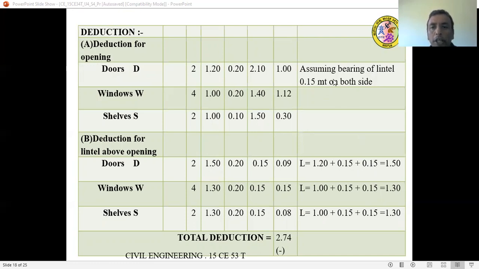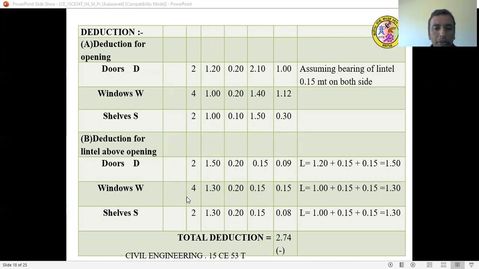Assuming the bearing of lintel is 0.15 meter on both sides, you just have to add 0.3 meter to the width of the opening, and you will get the length of the lintel equal to 1.5 meter. This is the length of the lintel, this is the breadth of the lintel, and the thickness or height of the lintel will be given in the cross section. Finally, you get the quantity.